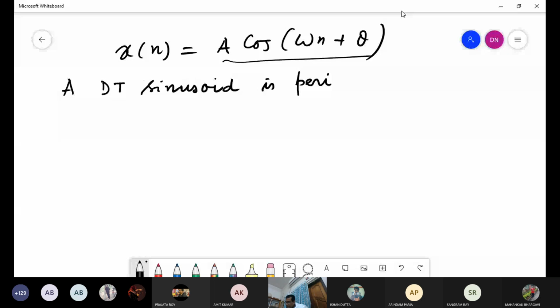I want to say it is periodic only if its frequency is a rational number.